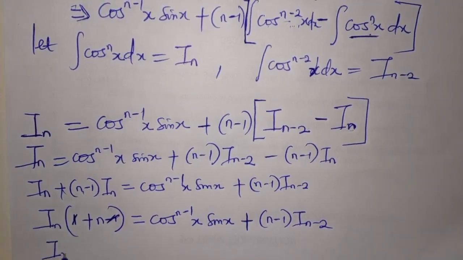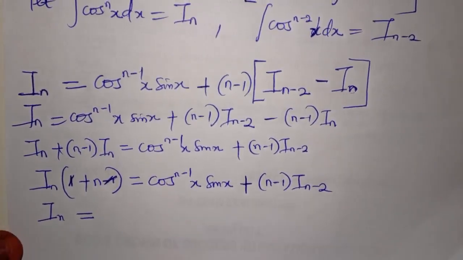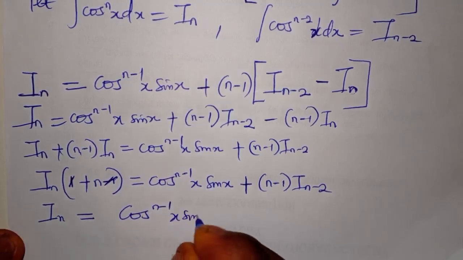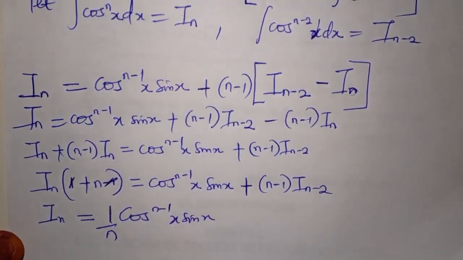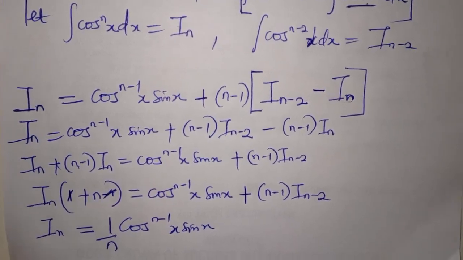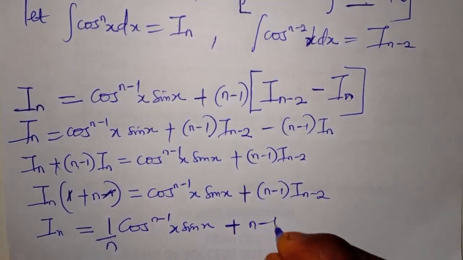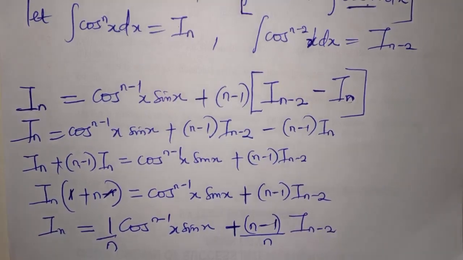We now have I sub n equal to 1 over n cos^(n-1) x sine x plus (n minus 1) over n I sub n minus 2.